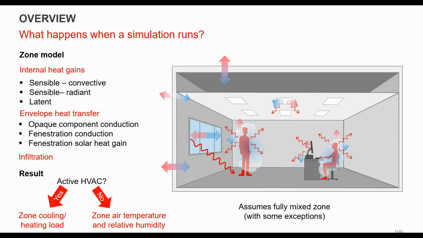So again, a little theoretical, but this is assuming a fully mixed zone. There are ways to account for stratification within zones, particularly if you have an underfloor distribution system, but not for the purview of today. So that's high level, right? You're taking all of your internal gains, all of your envelope gains, you're summing them up and passing that information to your HVAC, and then determining what the HVAC response is to those loads.